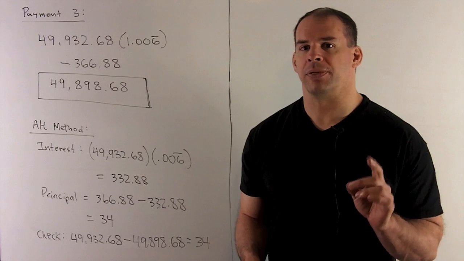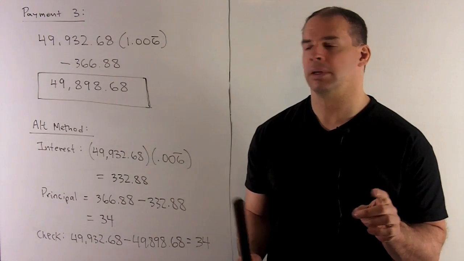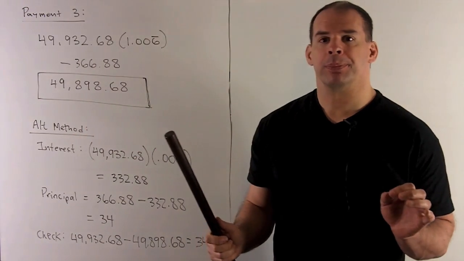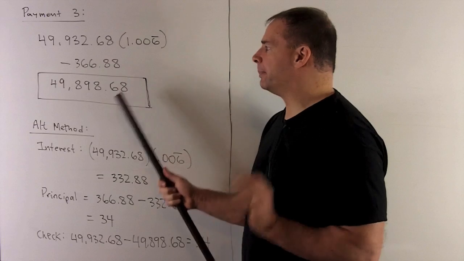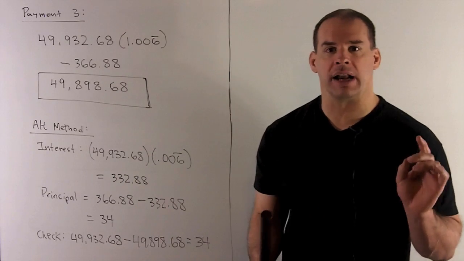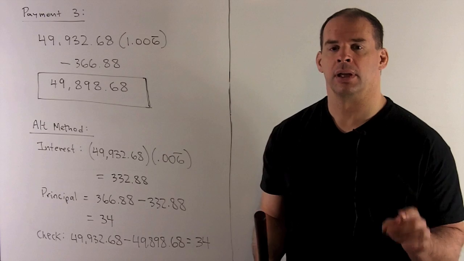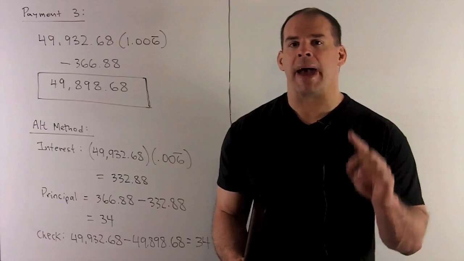Finally, third month goes by, we apply interest, subtract off our payment. So we take the balance from before, apply 1 plus our interest factor, subtract off our payment, we get $49,898.68. Now, to get the amount paid towards principal and interest, let's do it backwards.